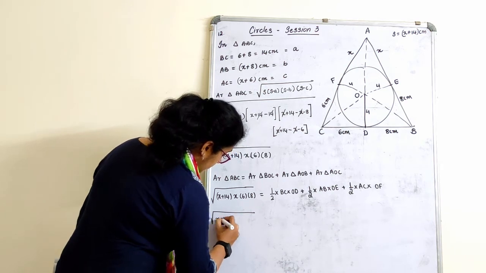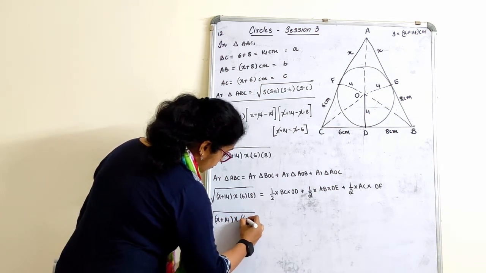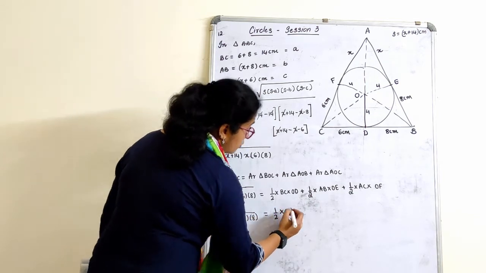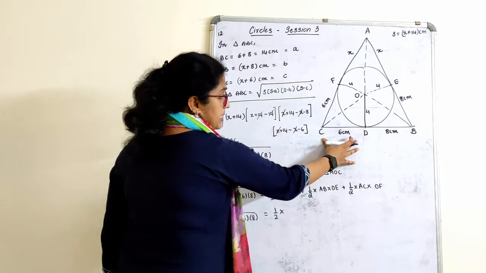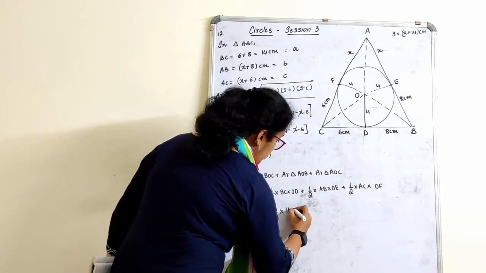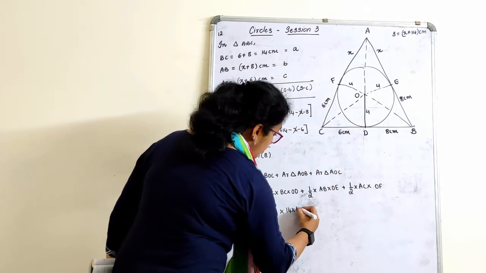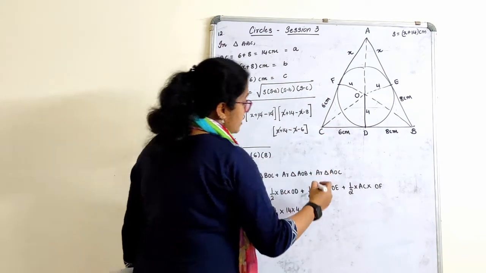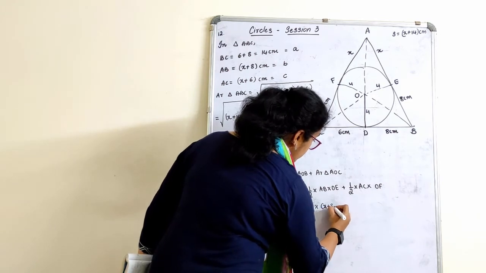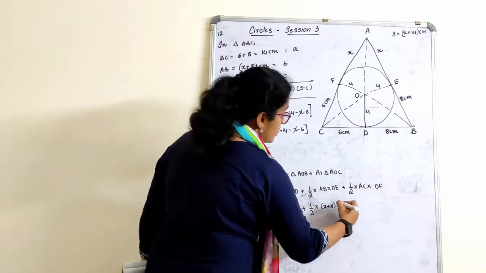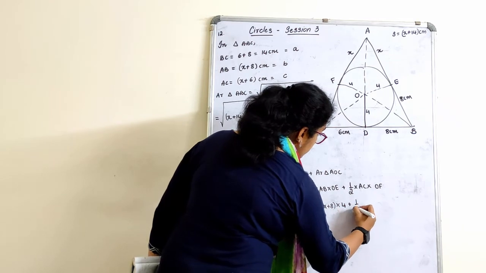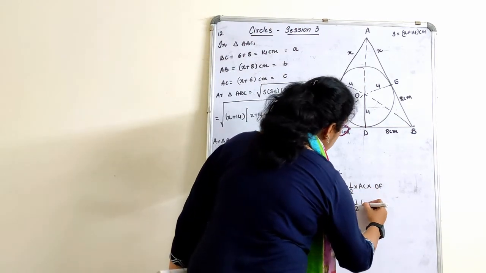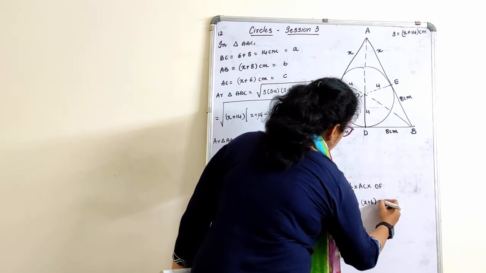X plus 14, x of 6 and 8 is equal to half into 8 plus BC is 8 plus 6, 14 into OD is 4 plus half into AB. AB is x plus 8 into OE is 4 plus half into AC. AC is x plus 6 into OF.